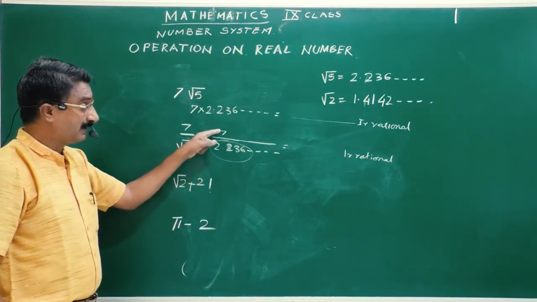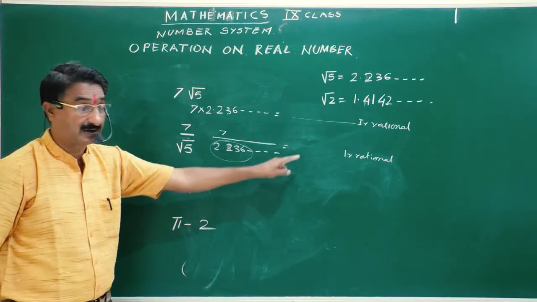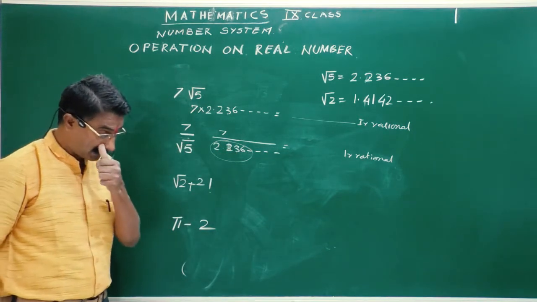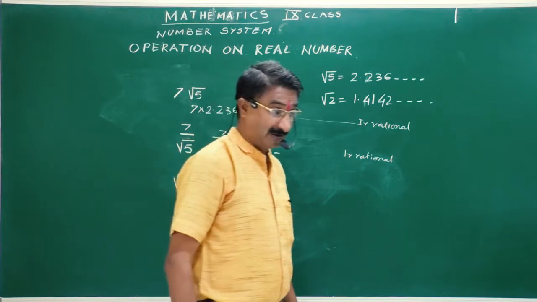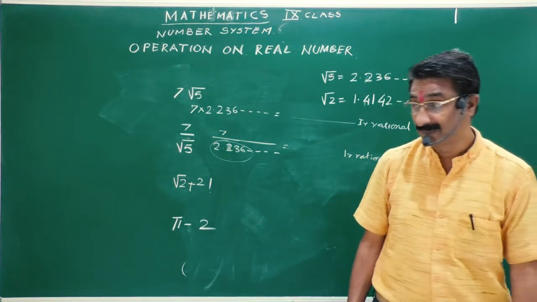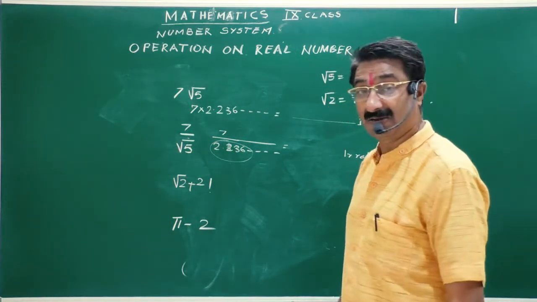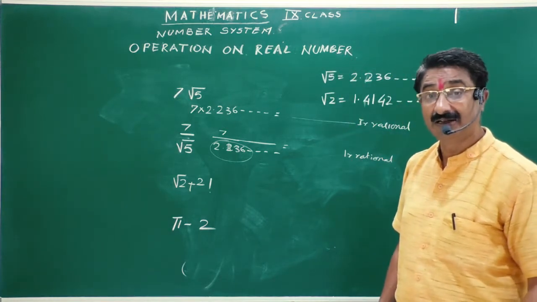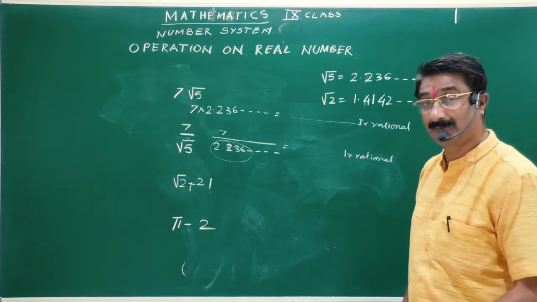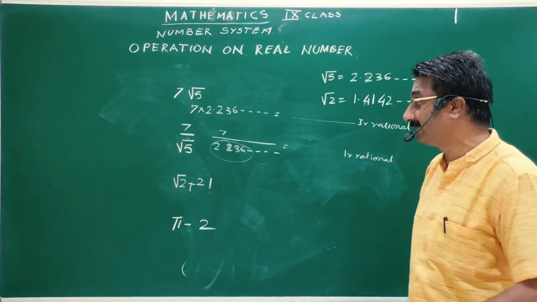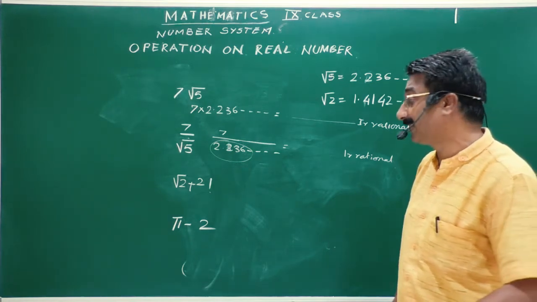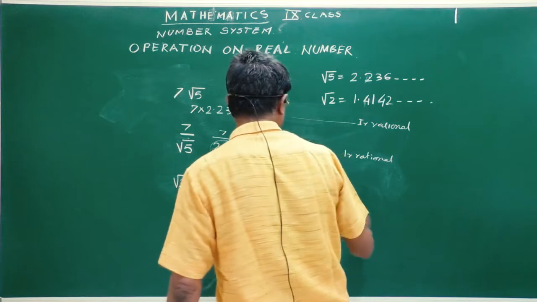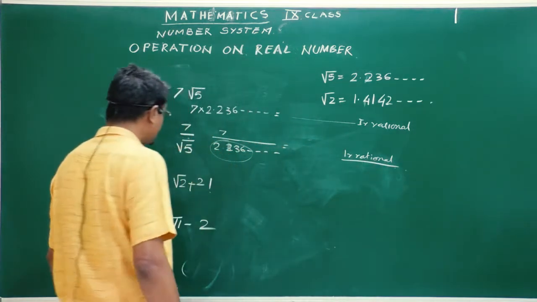If you divide it, you will also get an irrational number. So if any rational number is divided by an irrational number, or we can say 7 is multiplied by 1 upon root 5, and 1 upon root 5 is an irrational number. So it is again multiplication, but here we are saying 7 is divided by root 5. So again this is an irrational number.